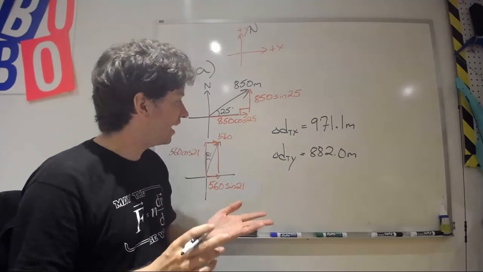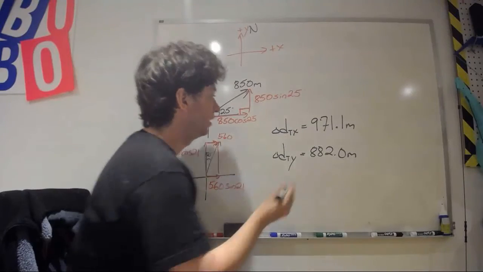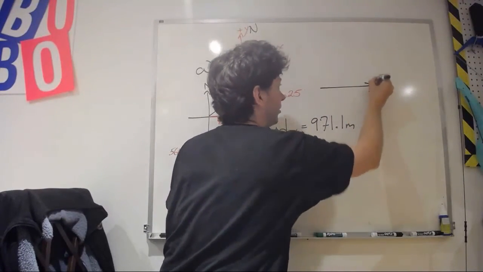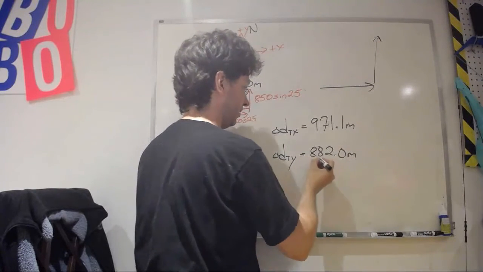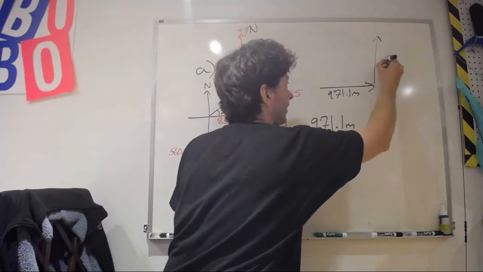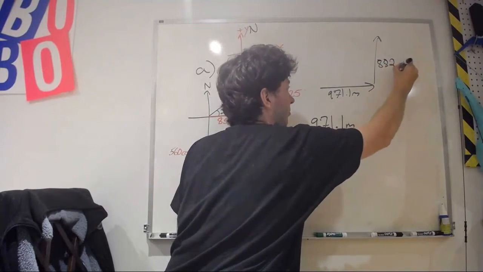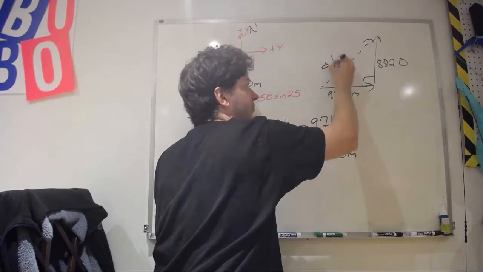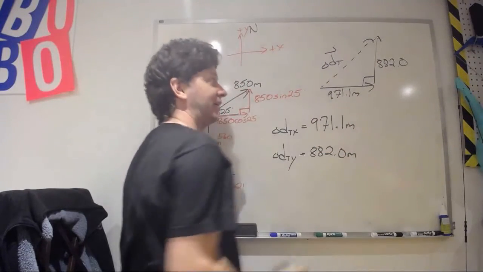All right, so now we have our directions for x and y. So here is 971.1 and 882.0, and we're looking for what that hypotenuse is.